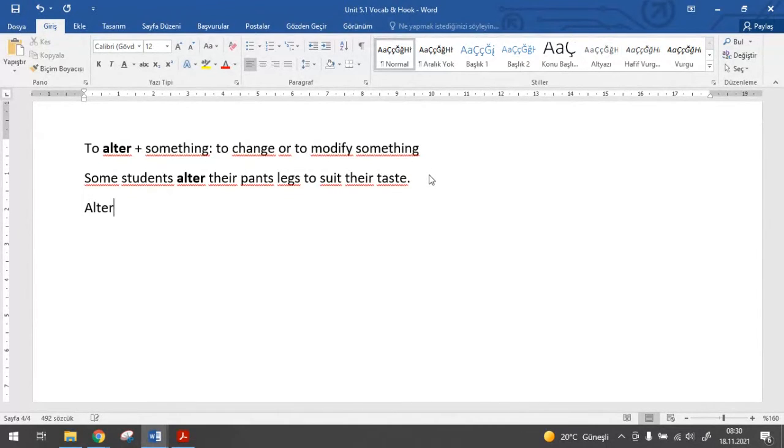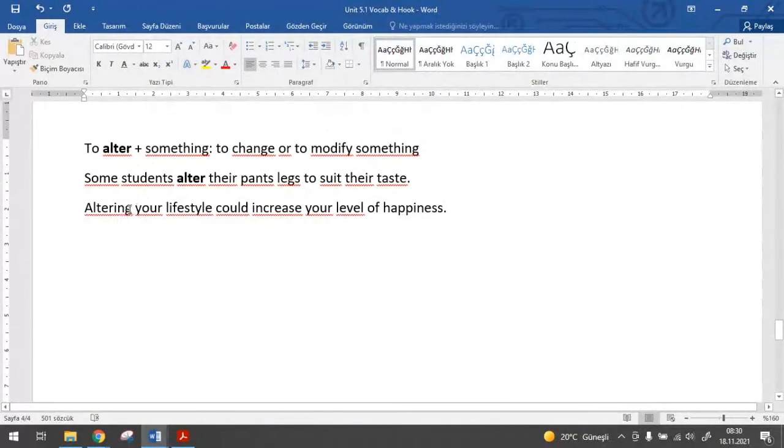Another example, altering your lifestyle could increase your level of happiness. This means if you are an unhappy person, and if you change your lifestyle, you might become happier.